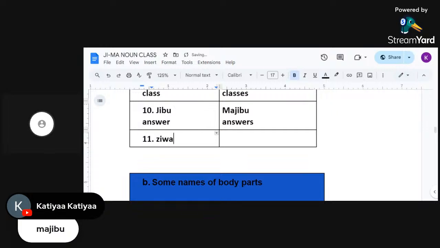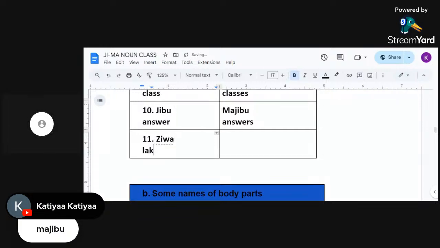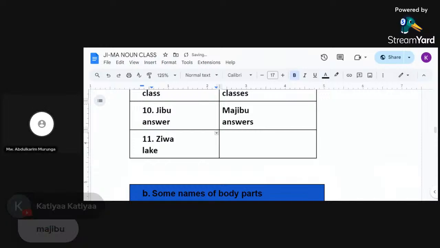Another one here, 11, is ziwa. You know ziwa? It means lake. How do we say a lot of lakes? You can just write in the chat, haraka haraka.